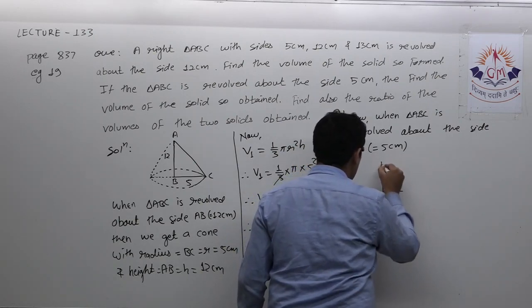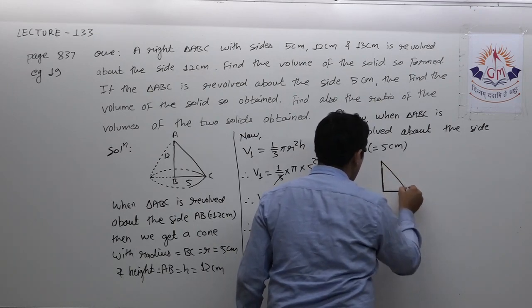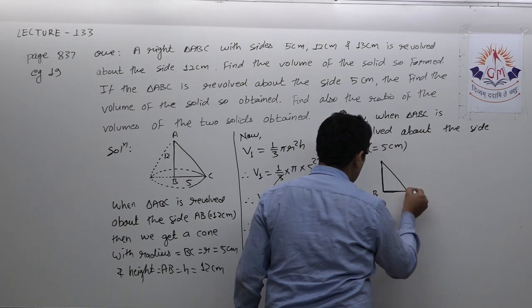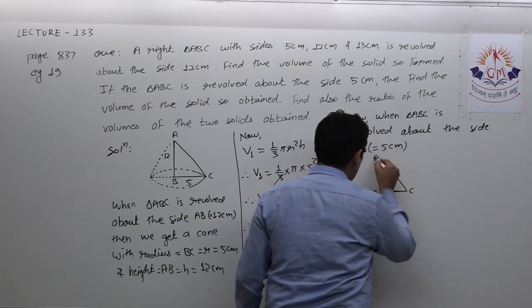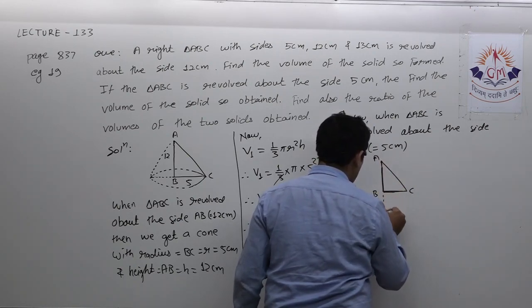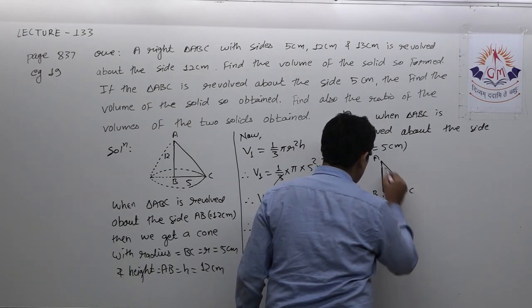Okay, that means this BC remains over here, this is the side BC. So this point A will come down. So in this way, we'll get a cone like this.